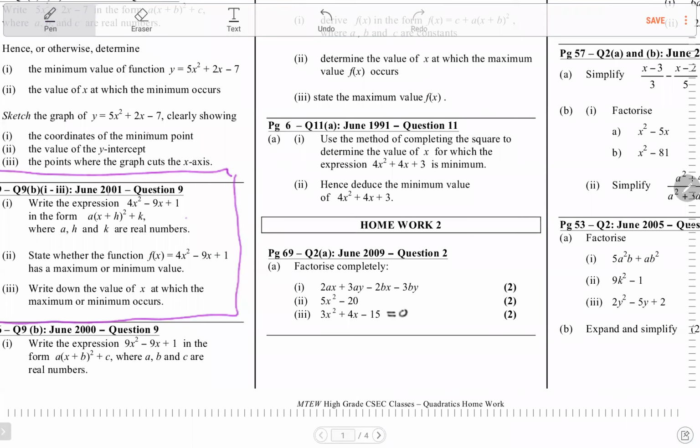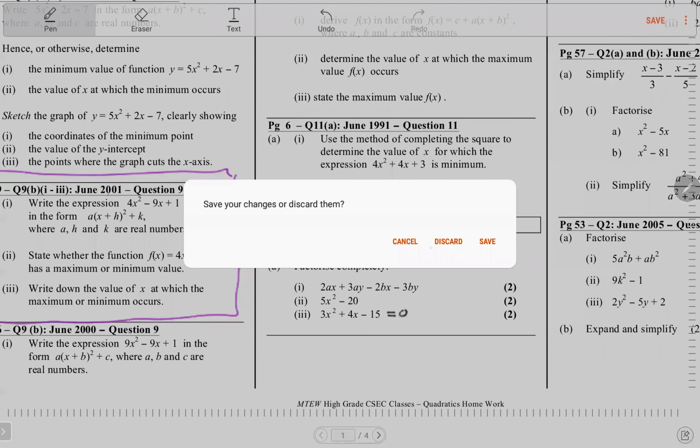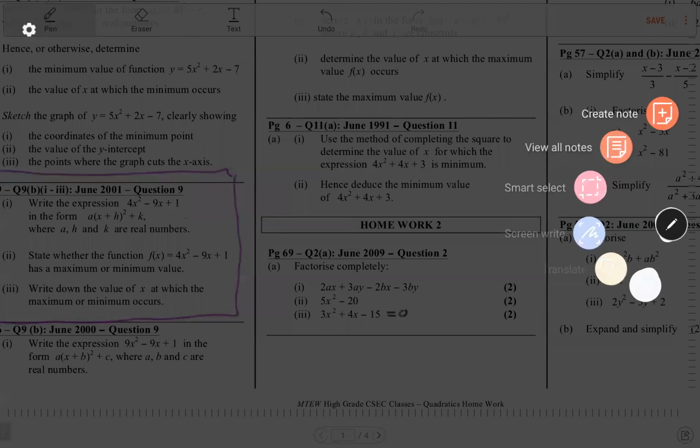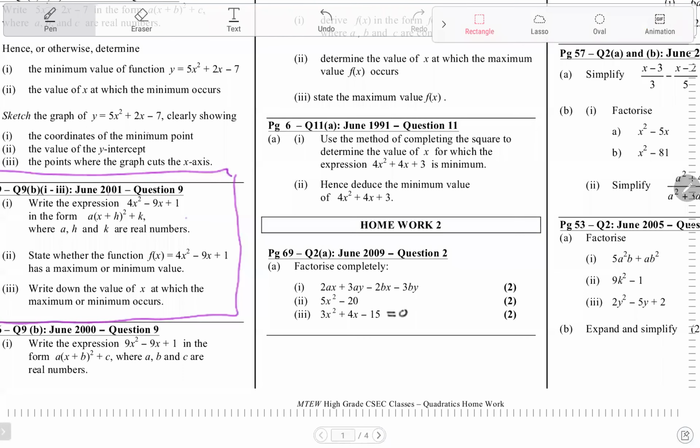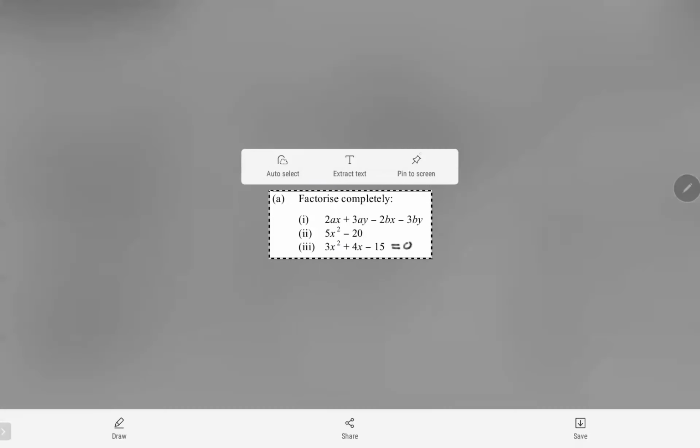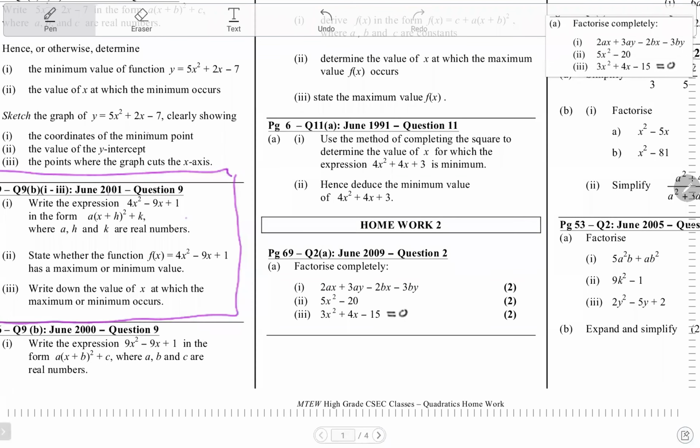I want to solve it both ways, using the formula and also by factorizing. So let's do this before we finish the class today.